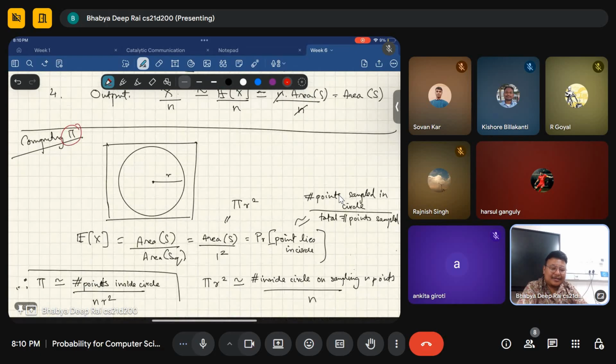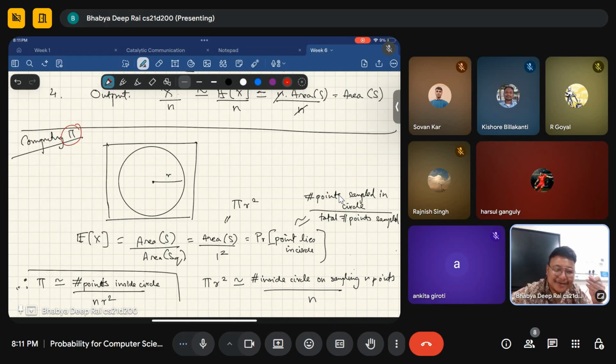So the idea is that I'll keep sampling points, I'll throw random darts. The number of points that land inside the circle divided by the total number of samples I throw, times r square, will give me a better and better estimate of pi. The more samples I take, the better the value of pi I get.